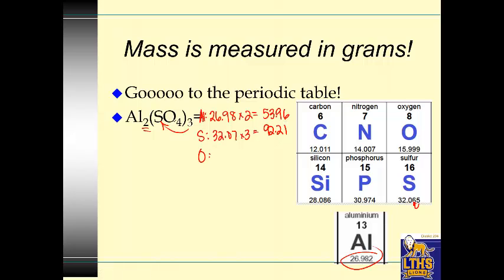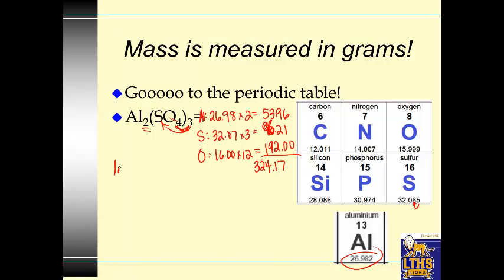Okay, what about oxygen? There's 4 here times 3. So we have 16.00 times 12. That's a lot of oxygen. That's 192.00 grams. All right. But then I have to add that all together to get the total mass. 342.17.